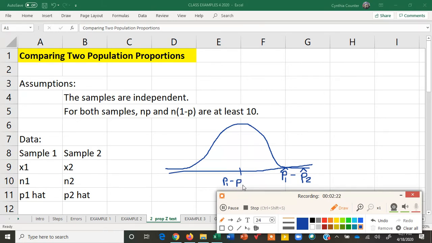And what we are going to do is assume that this difference is 0. By assuming the difference is 0, notice that we're basically assuming that P1 and P2 equal each other, since their difference would be 0. Let's look at the example and see what we can find out here.